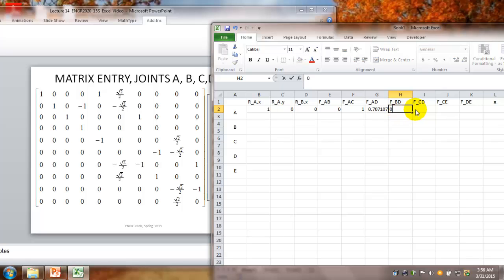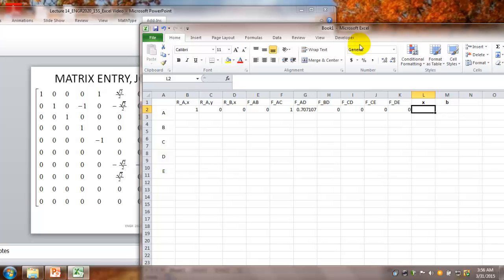FBD is 0, 0, 0, 0, and this is exactly R sub A x. And actually I could go about and do this early on. So I'll write equals this guy, equals this guy.